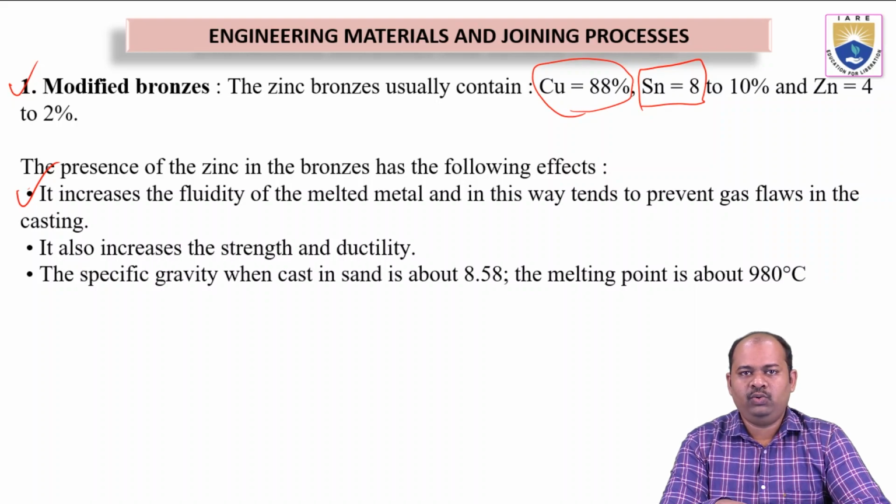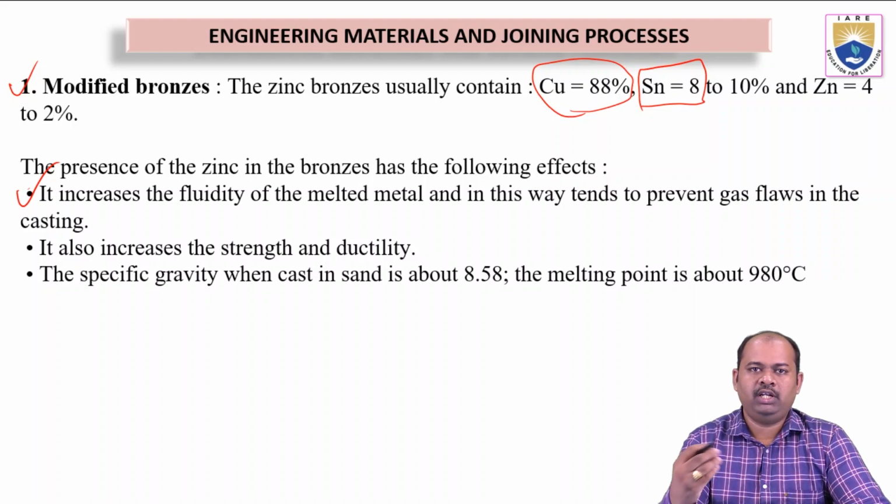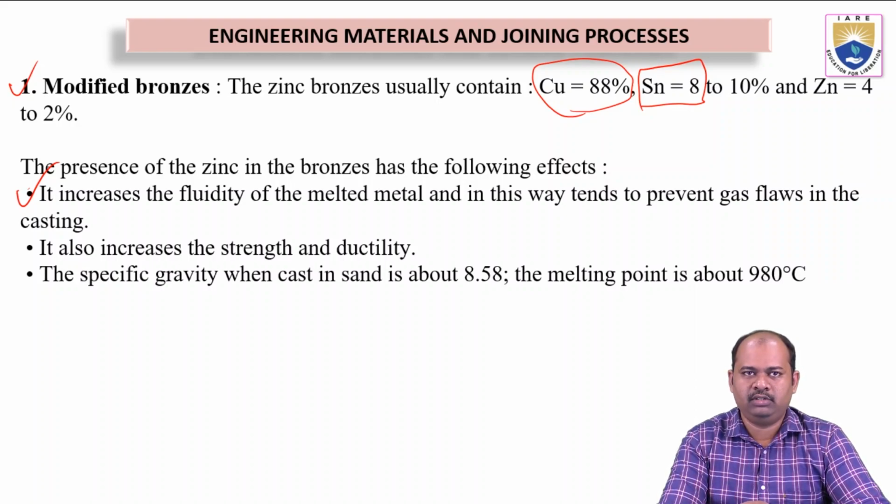When 8 to 10% of tin is present, it improves the fluidity of the metal. That means when we pour the molten metal into the casting cavity, it will go inside easily without forming any gas bubbles. It also increases strength and ductility as well.